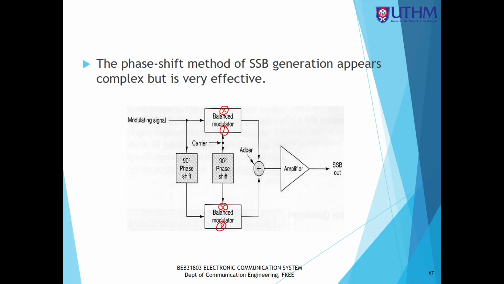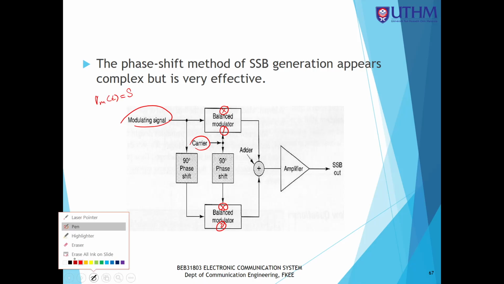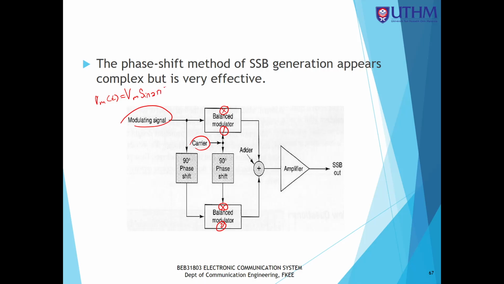Here we have the modulating signal and also the carrier. Assume that VMT is equal to Vm sine 2 pi fmt. Assume that the carrier VCT is equal to Vc sine 2 pi fct.